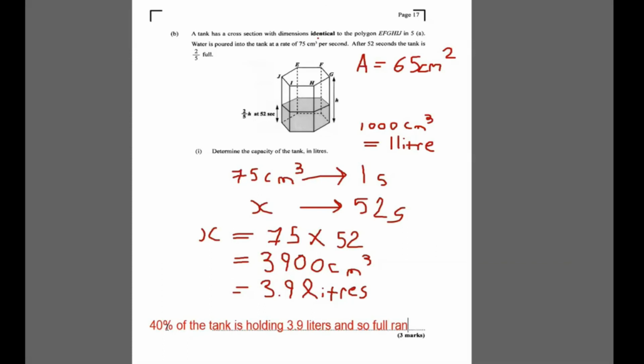We need to find what 100% of the tank is. 40% goes to 3.9, and 100% goes to something. So at 100%, that is going to be equal to 100 times 3.9 divided by 40.